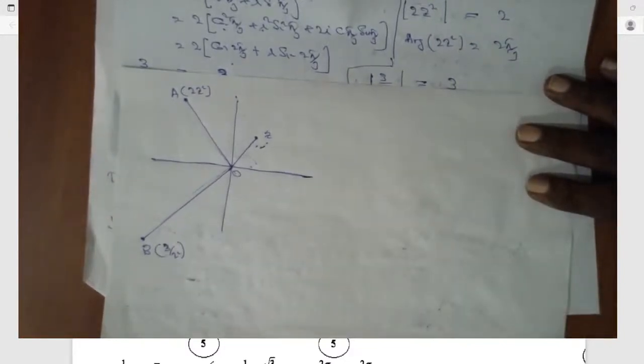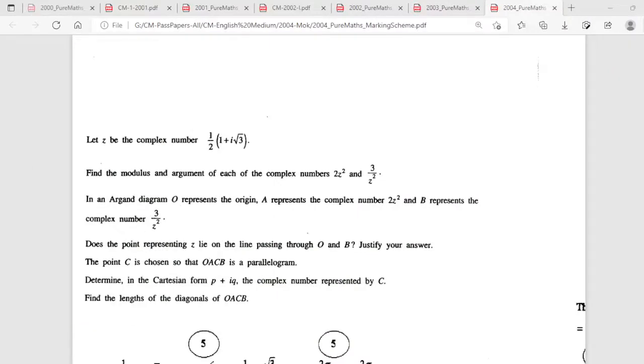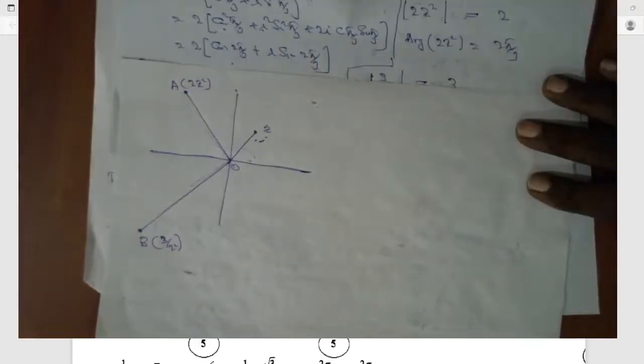Now for the first part, you have to show whether the point representing c lies on the line through O and B. Yes, c lies on it, that is obvious, no? This angle is pi by 3, this angle is minus 2 pi by 3. If you take this as P, what is the angle?